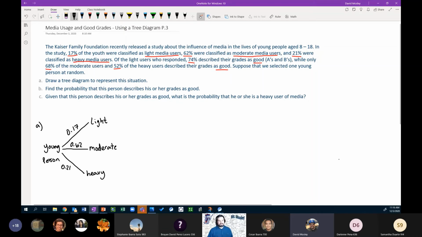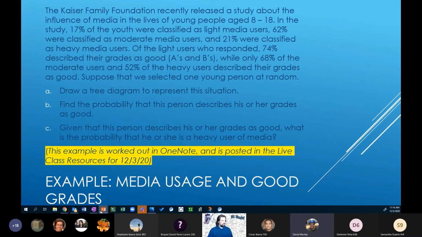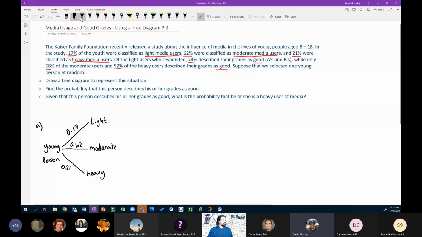From this set of branches, we get 2 options. The user either is going to identify as having good grades or bad grades. Good or bad.